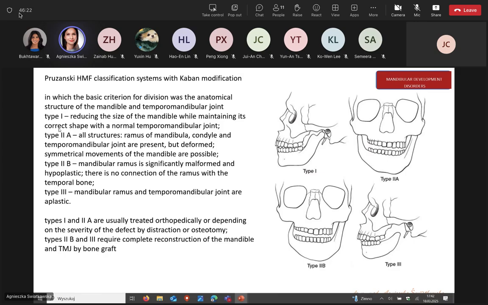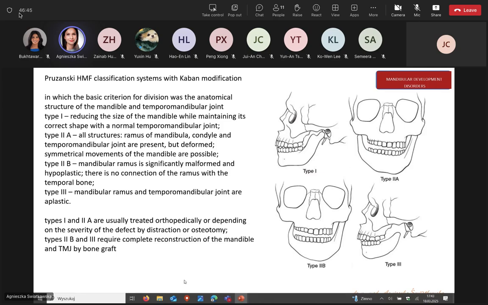Type 2B: the ramus is significantly malformed and hypoplastic. There is no connection between the ramus and the temporomandibular joint. In type 3, the temporomandibular joint is aplastic and also the ramus.